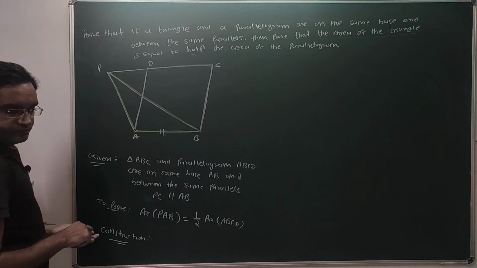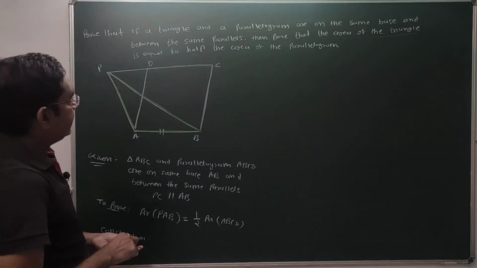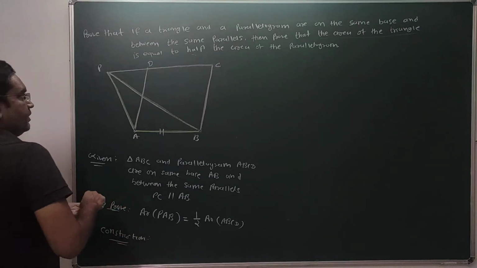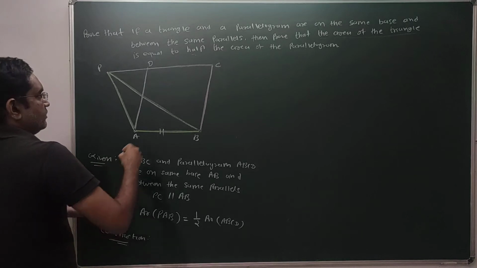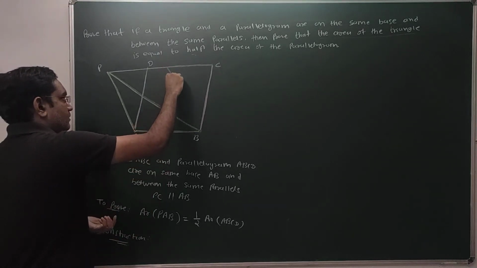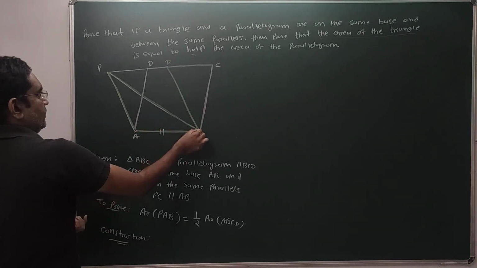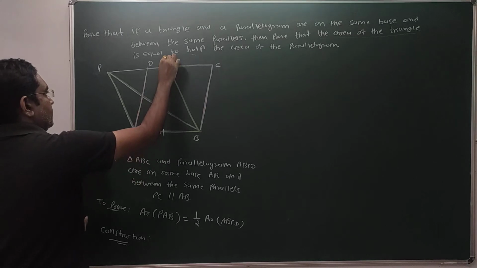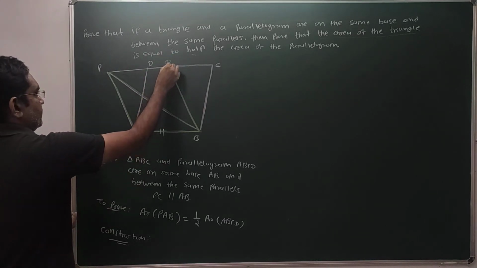So here the construction is: let BQ be parallel to AP. Suppose this is point Q, so ABQP is another parallelogram.